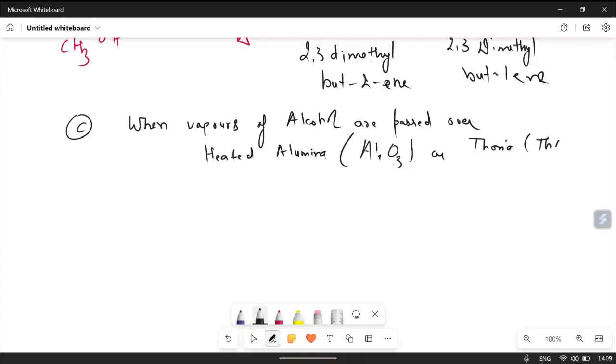Thoria is ThO2. Let's discuss this reaction first. At 250 degrees Celsius, ether is formed.